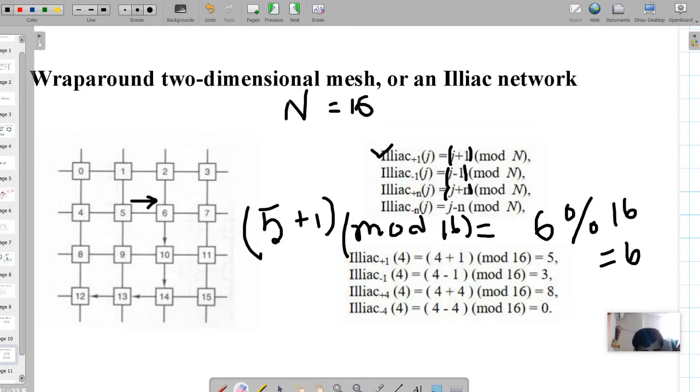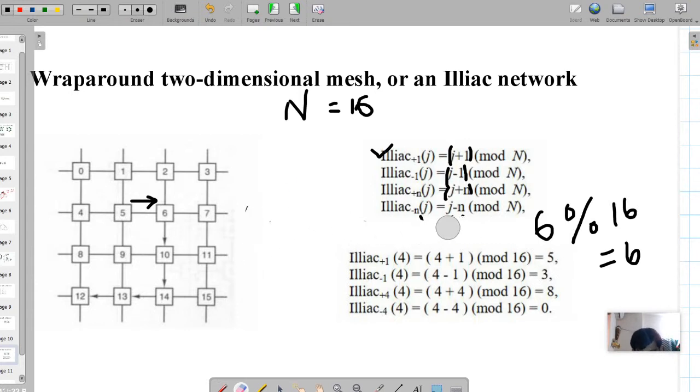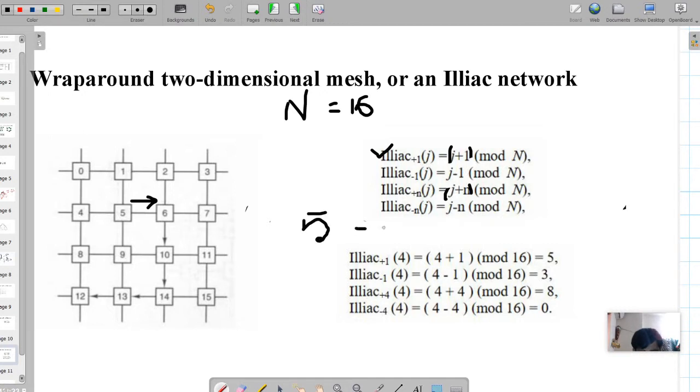Now let me find out the other processors by following the formulas. The next formula goes like J minus 1 modulo N. That means 5 minus 1 modulo 16, and it is 4.